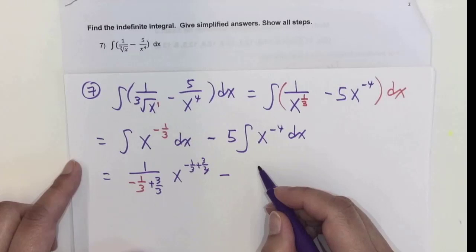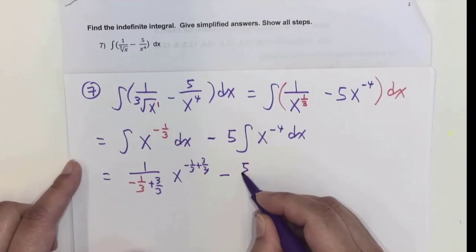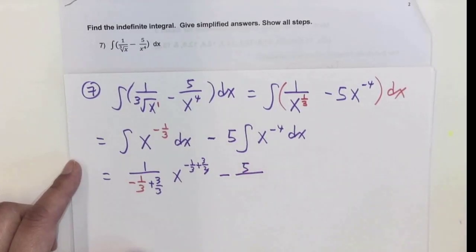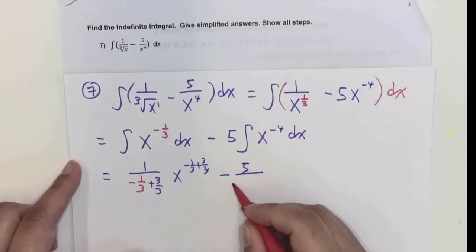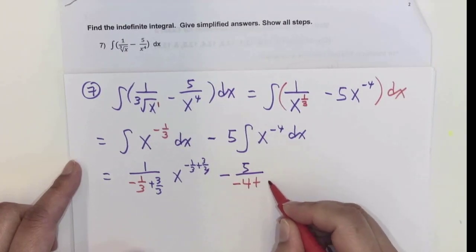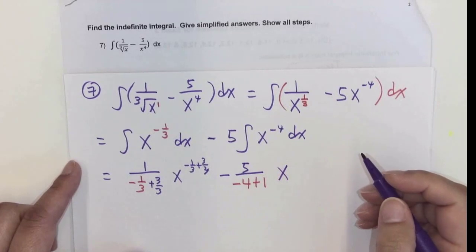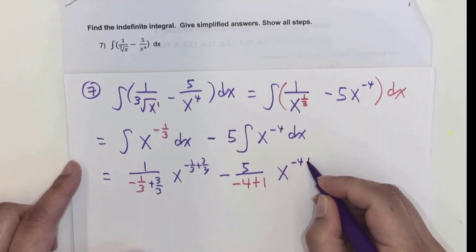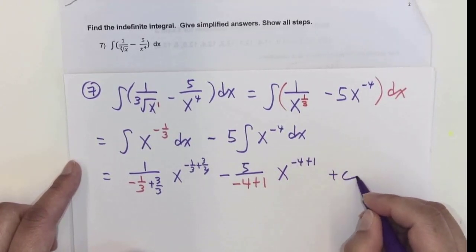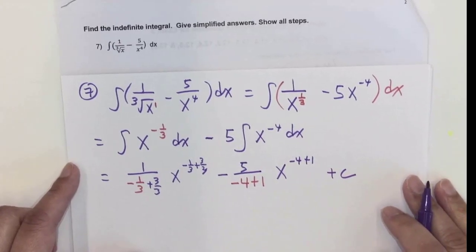This would be a 5 with the denominator being what? For the denominator, you add 1 to the exponent, so you have -4 plus 1, and then x will be raised to -4 plus 1, and then don't forget to add c, right? So this is number 7.